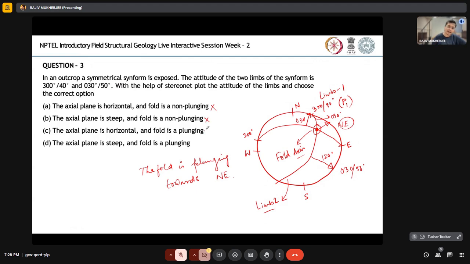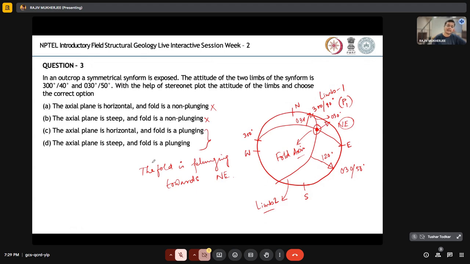Both options can be correct because we are not measuring how much the axial plane is dipping, but for sure the axial plane is not horizontal, right? Because if the axial plane is horizontal, then it is very difficult to get a plunging fold.